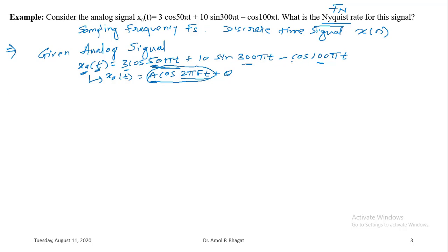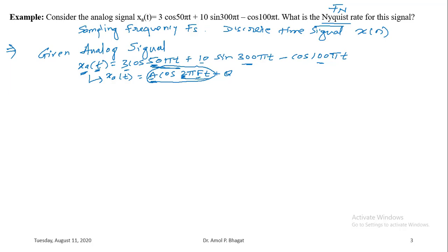Right. So if you compare with what we have considered, in place of A, 3 is there, and in place of 2f, in the first term 50 is there, right? In the second term in place of A, 10 is there, right?